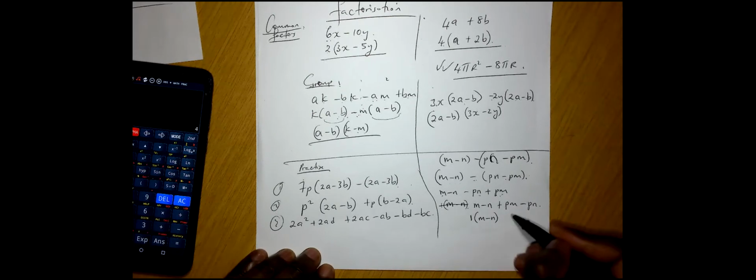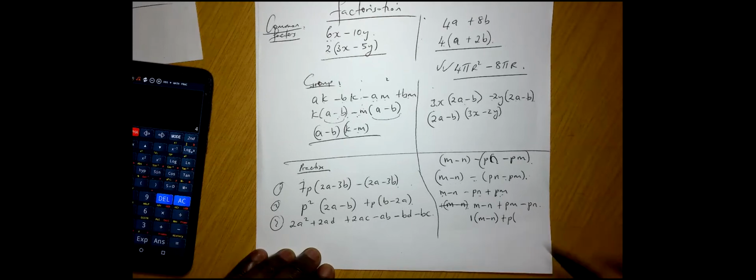It's going to be m minus n. Then here we're going to factor out p outside, then m minus n. So you can see that if you take out the p, you're going to be left with m minus n here. Then the two m minus n are just the same. So we take m minus n out, then we're left with 1 plus p. That's what we have here.